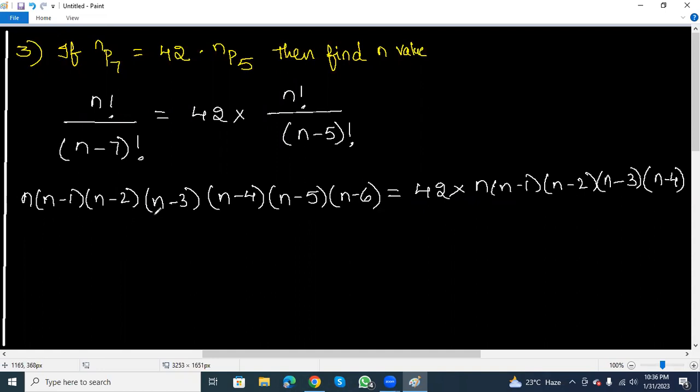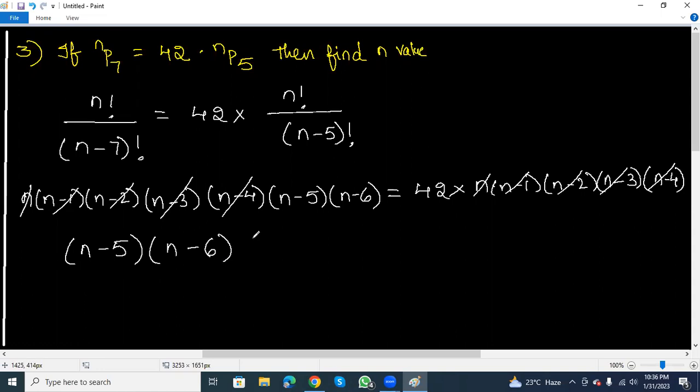Instead of that, we can directly eliminate the same terms on either side. So n gets cancelled here, n minus 1, n minus 1, n minus 2, n minus 2, n minus 3, n minus 3, n minus 4, n minus 4. So finally we are left with n minus 5 into n minus 6 is equal to 42.